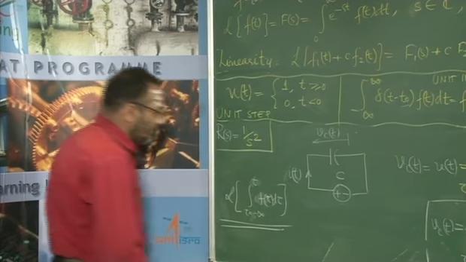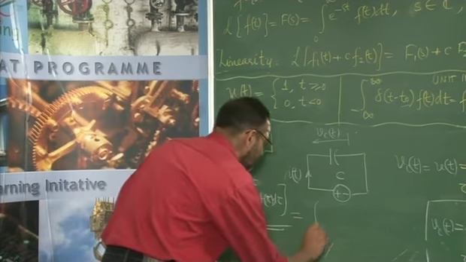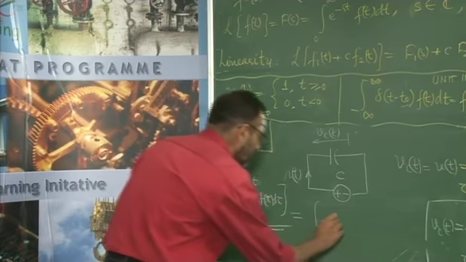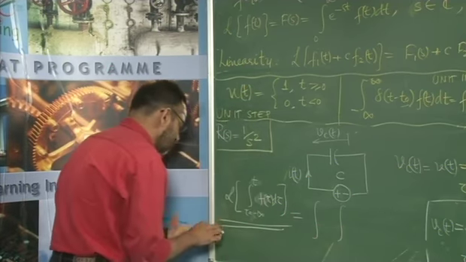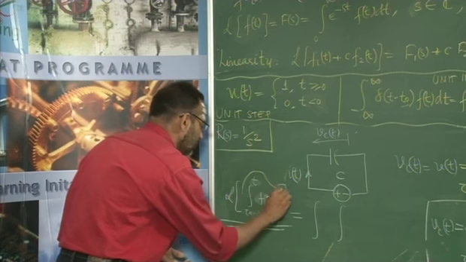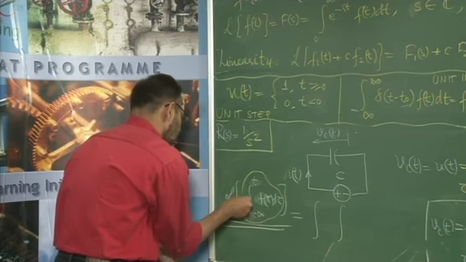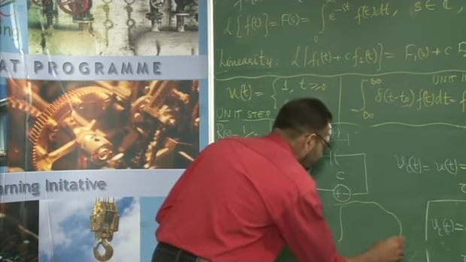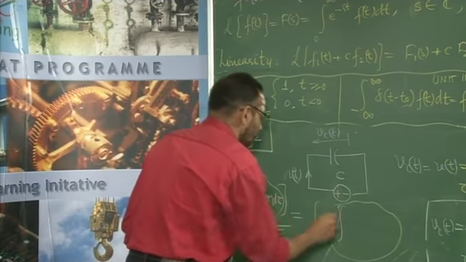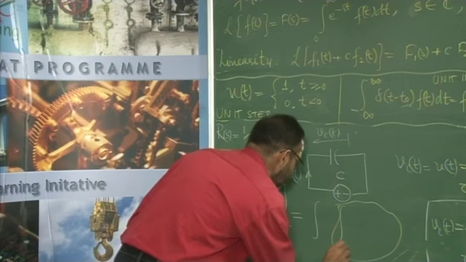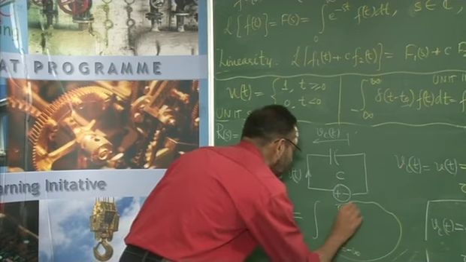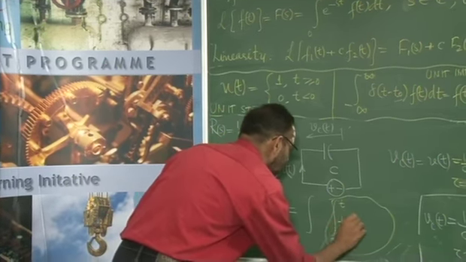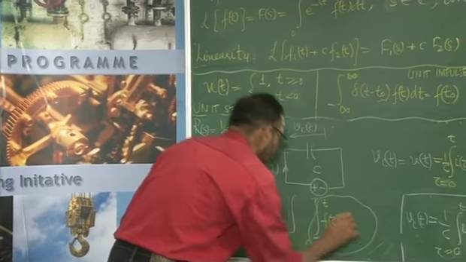If I were to compute this directly, first I take the Laplace transform. Please observe, this itself is the function for which I am taking the Laplace transform. So, that I am going to write here. That is the integral from tau equal to minus infinity to t of f of tau d tau.